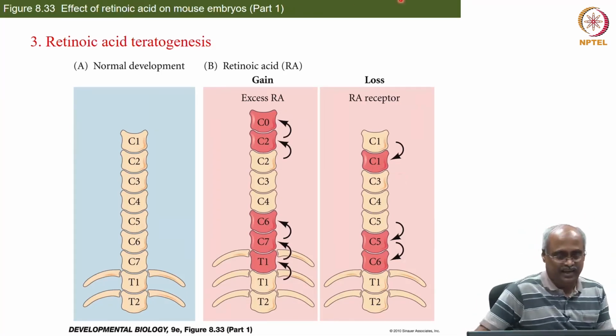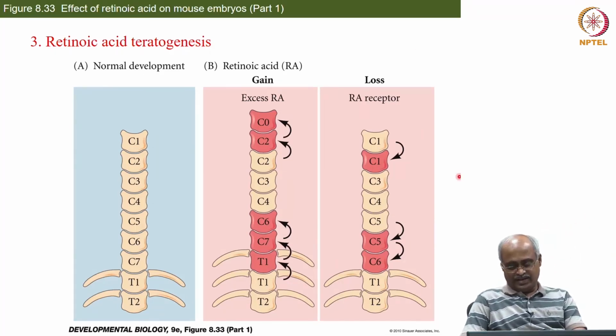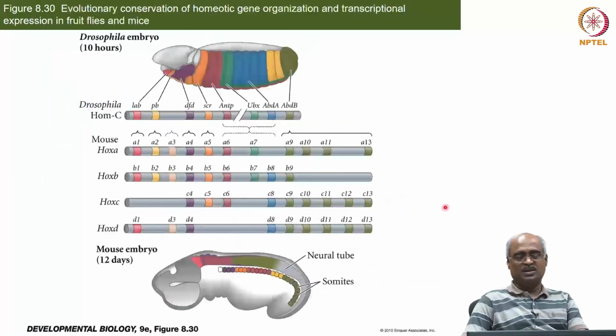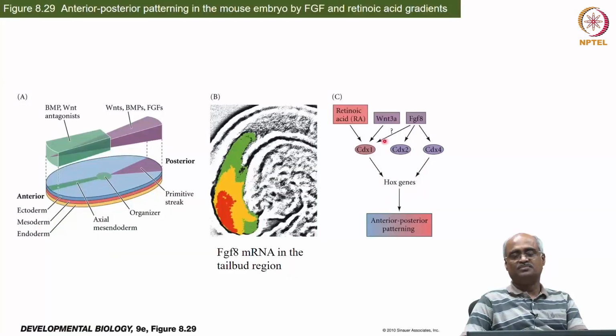And then we also saw that retinoic acid via CDX genes impacts the Hox gene expression. So as shown in this cartoon. Okay. So a higher concentration of retinoic acid means the most posterior gene being expressed.